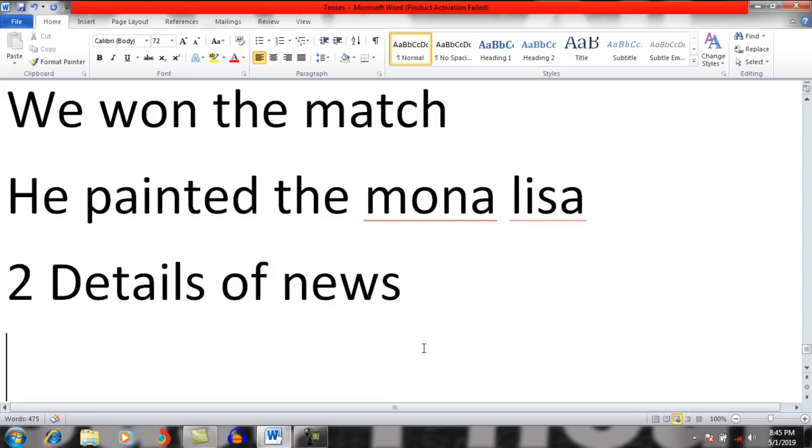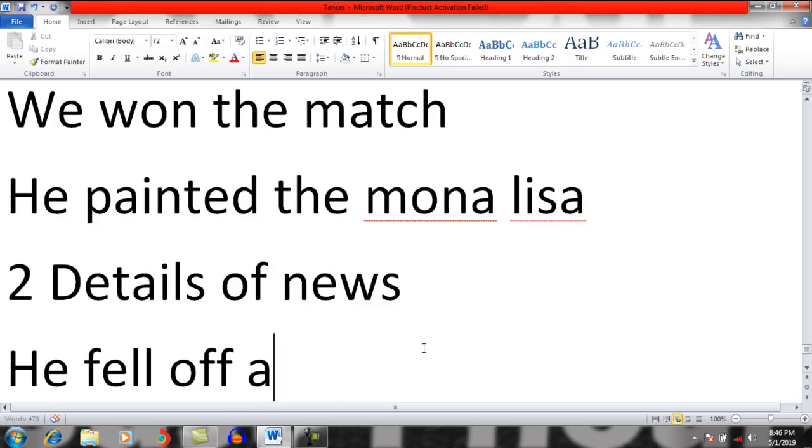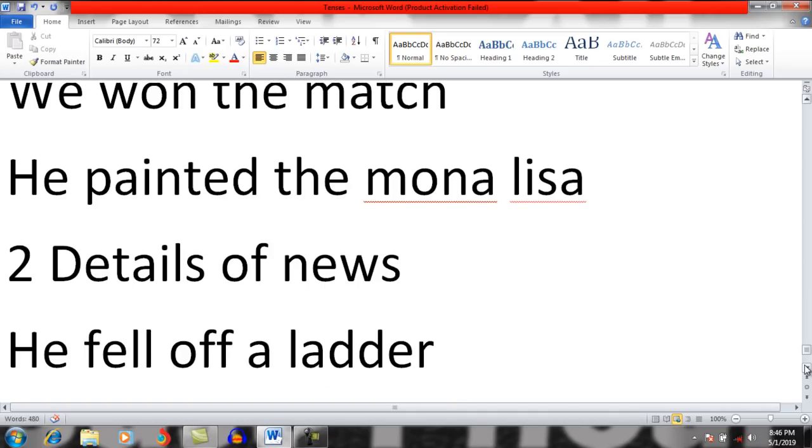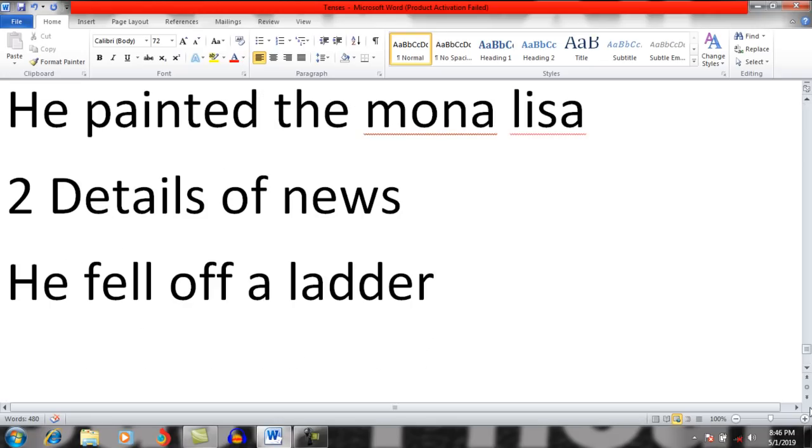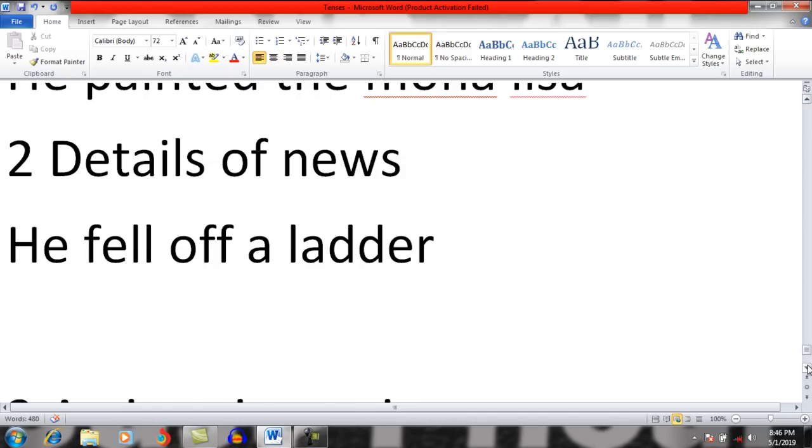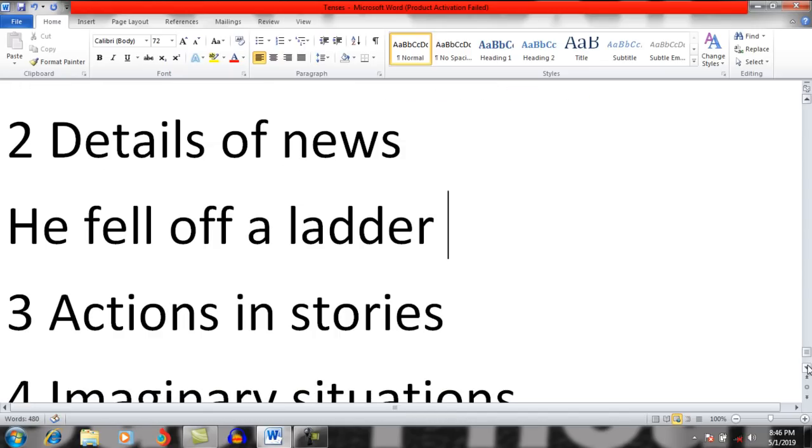For example, he fell off a ladder, due to which he hurt himself. So this is the second situation where we use past simple.